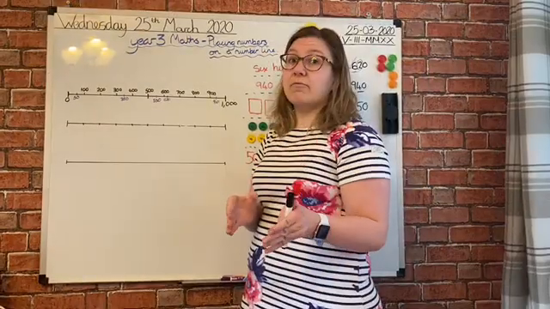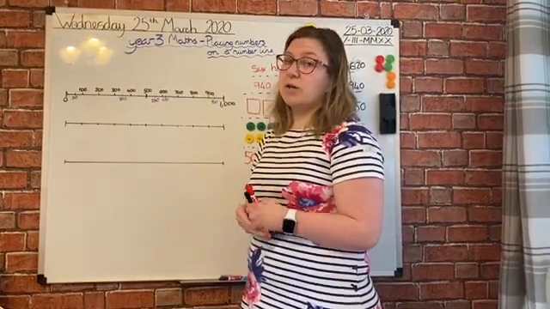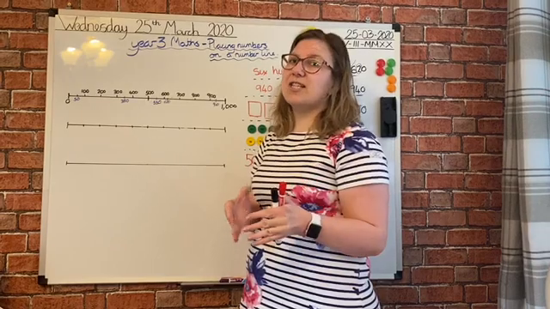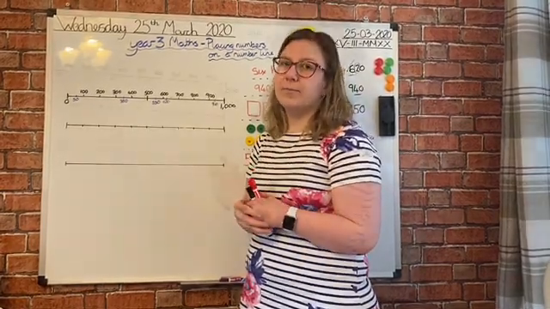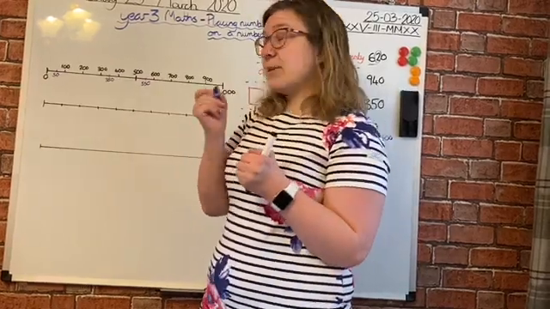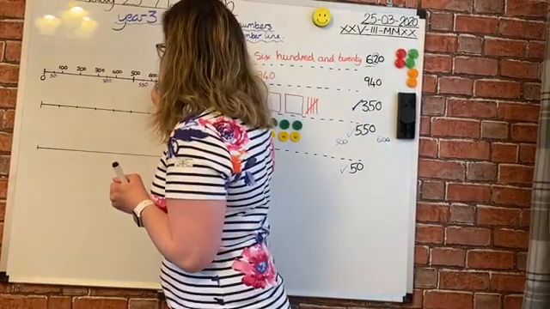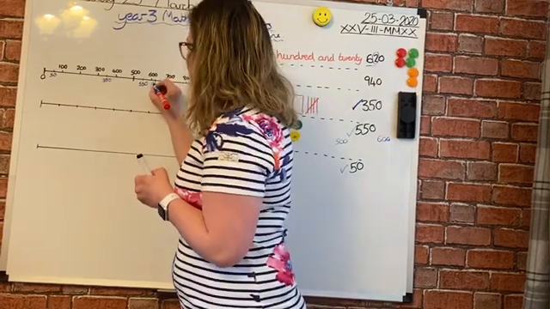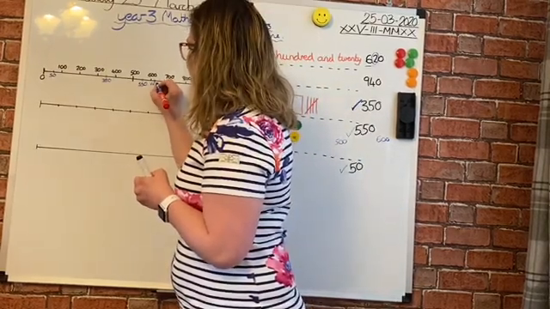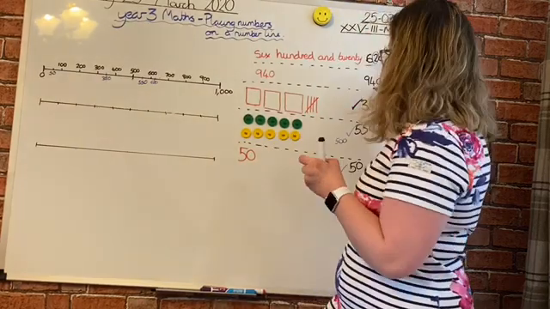Halfway between 0 and 50 is 25, so halfway between 600 and 650 would be 625. So I'm going to place my mark just before what I estimate to be the halfway there. So that is going to be 620.